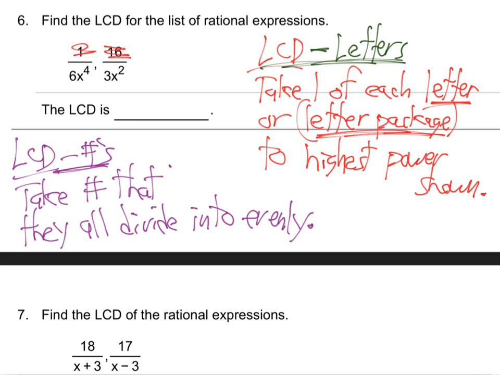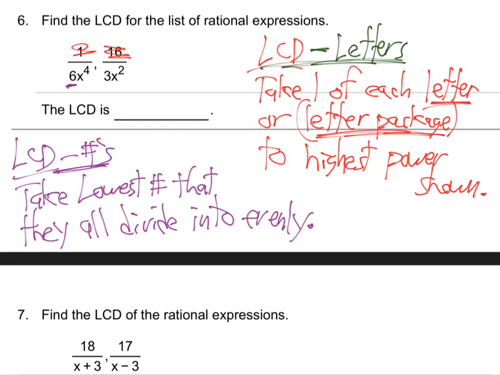You actually take the lowest number, I should say, that they all divide into evenly. That's why it's called LCD, lowest common denominator. So we have one thing we do for the numbers and one thing we do for the letters to find an LCD.